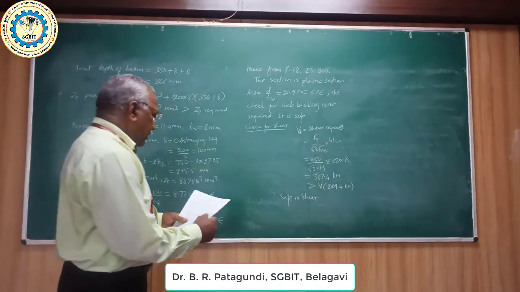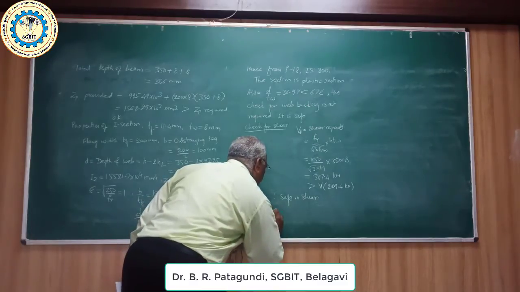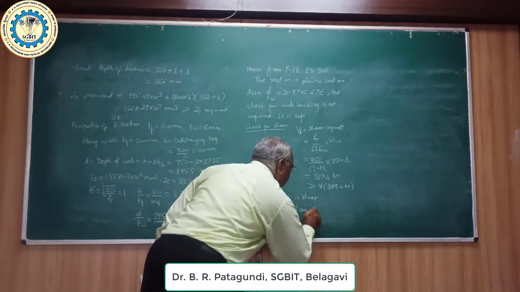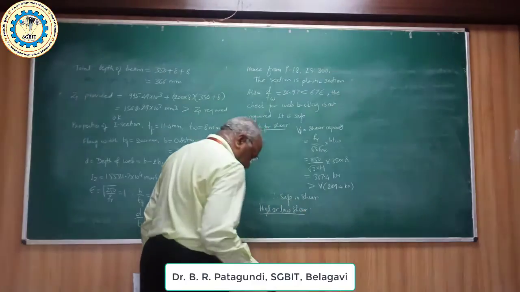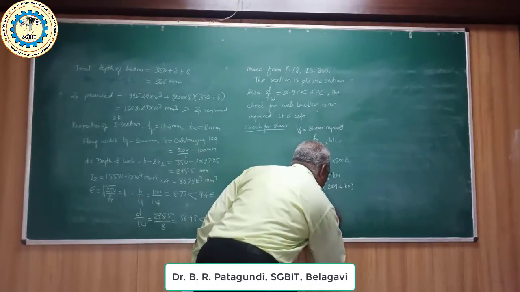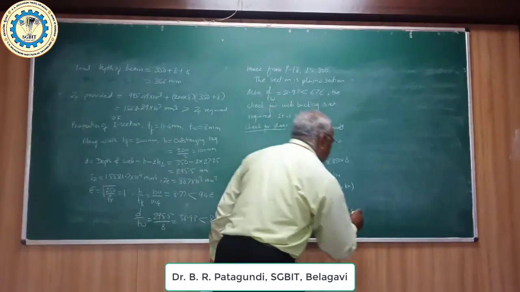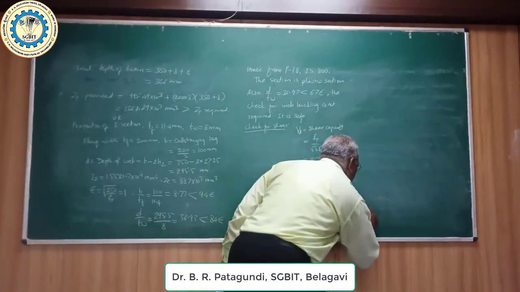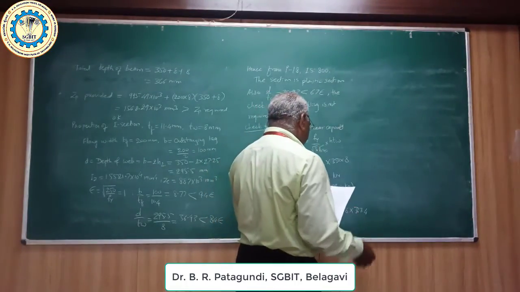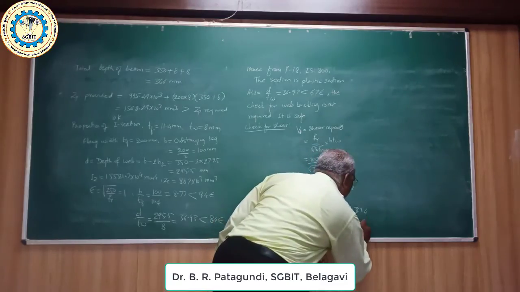Next, high or low shear. So 0.6 Vd is equal to 0.6 into 367.4. So this is equal to 220.4 kilonewton.